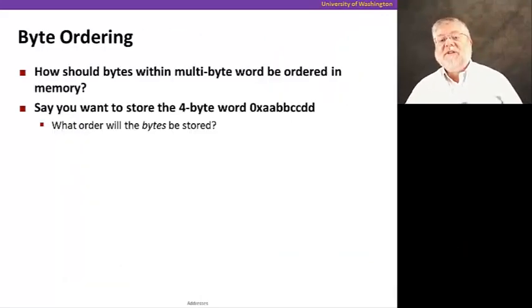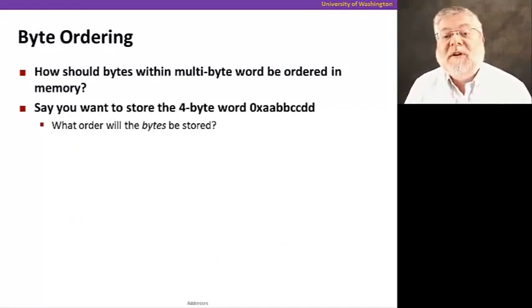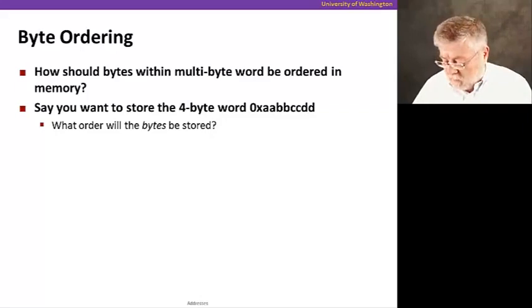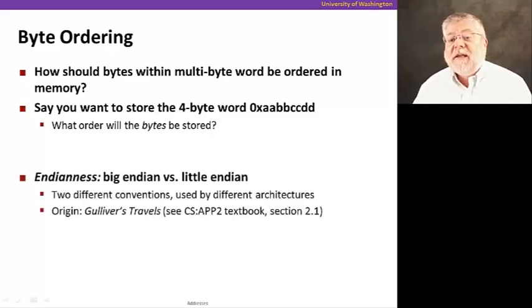All right, the next question is, how do we order the bytes within a word? There are actually 2 ways to do that. One way is called big endian, and the other is little endian. The names for these 2 conventions come from Gulliver's Travels.